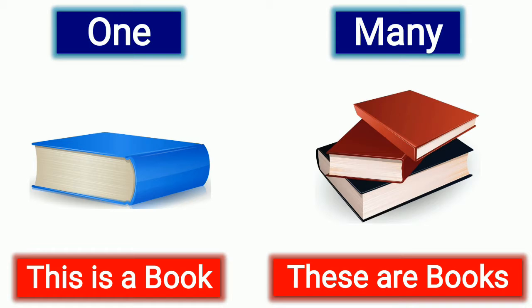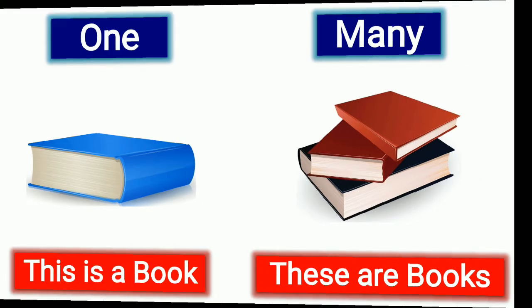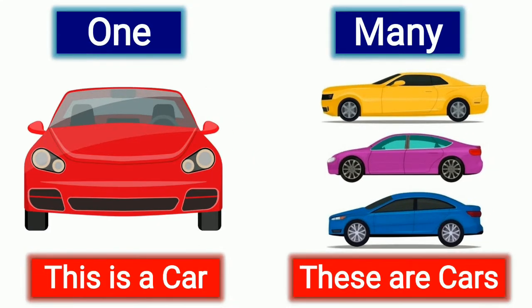And when many books are there, we will say these are books. See here, the red color car is only one. So this is a car. And other color cars are many. So these are cars.